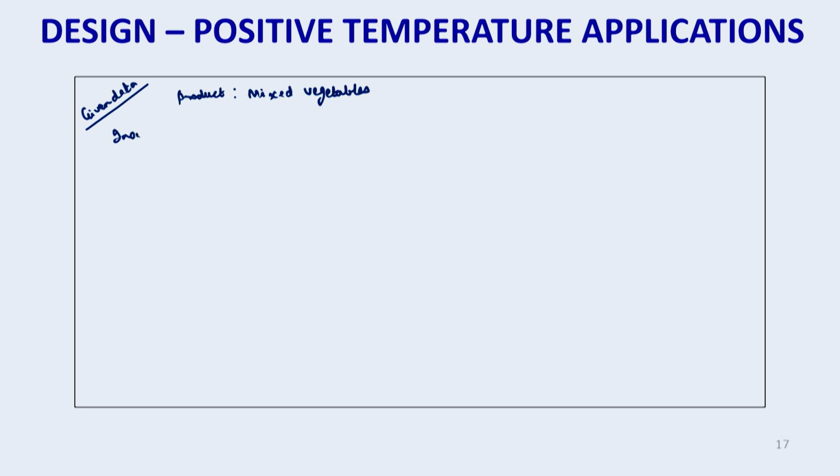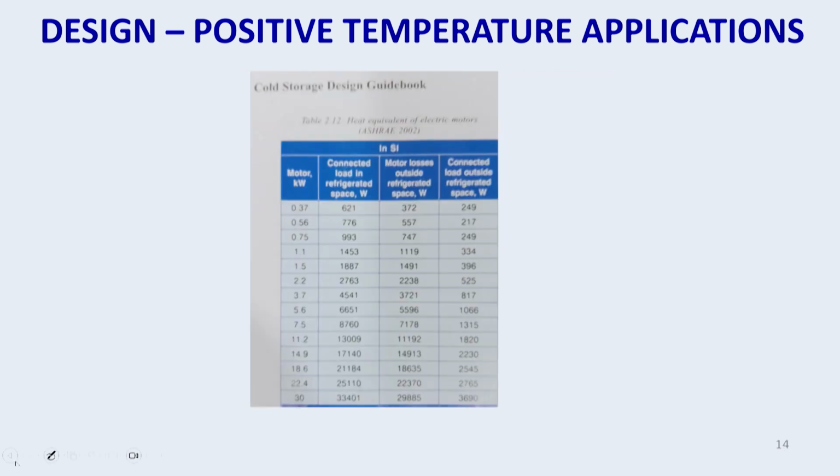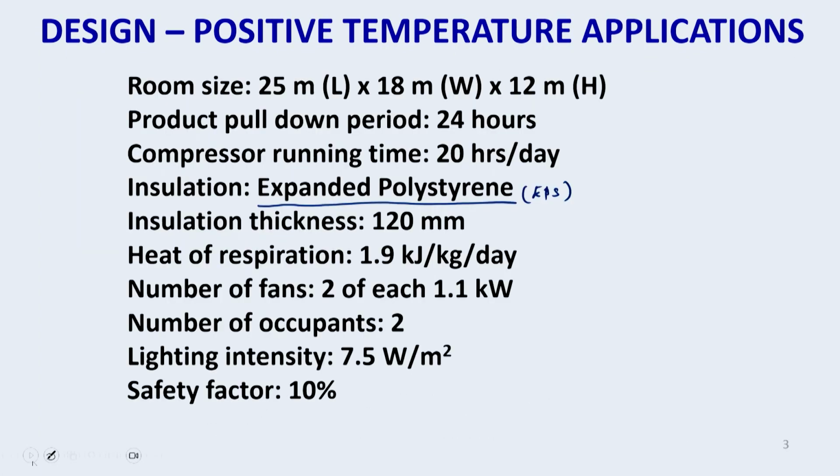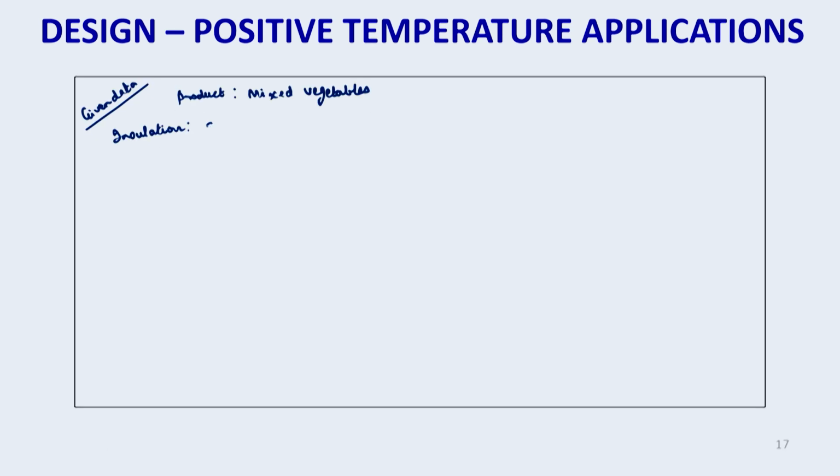Insulation: let us check, extruded polystyrene or expanded, because there are two polystyrenes. Expanded polystyrene. Thickness of the insulation is given as X is equal to 120 millimeter, which is equal to 0.12 meter.